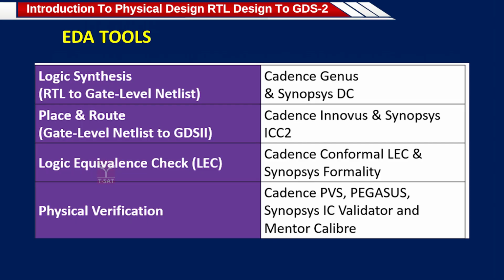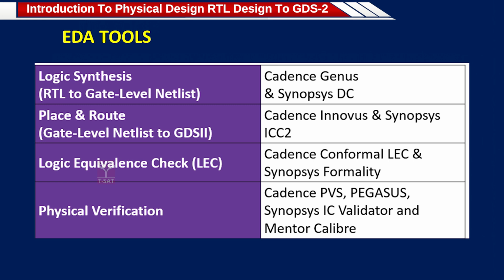Now comes the different EDA tools we are going to use in our ASIC design methodology. First one is logic synthesis, RTL to gate level netlist: Cadence Genus and Synopsys DC, Design Compiler.